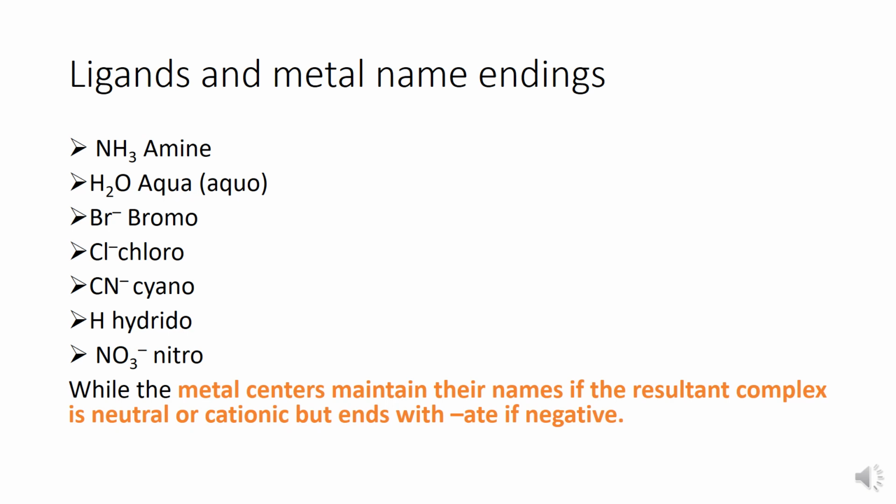The bromine, bromo, chloro, cyano, hydrido, nitrito, while the metal centers maintain their names if the resultant complex is neutral or cationic, but end with ate if the resultant complex is negative, as we saw above.